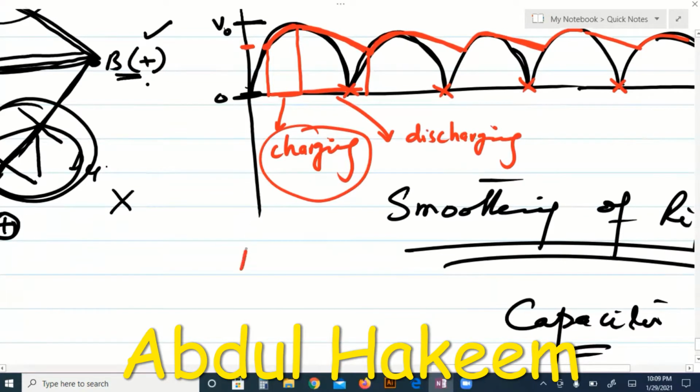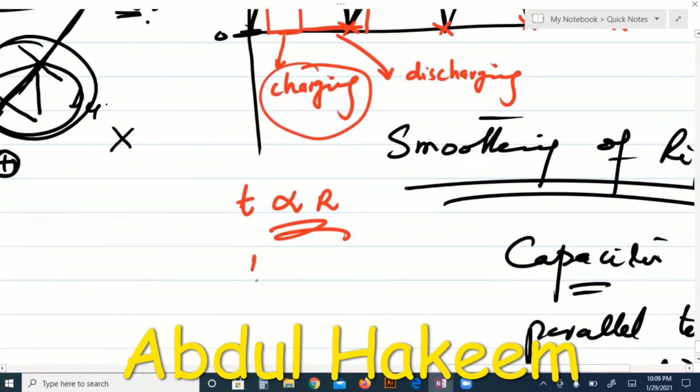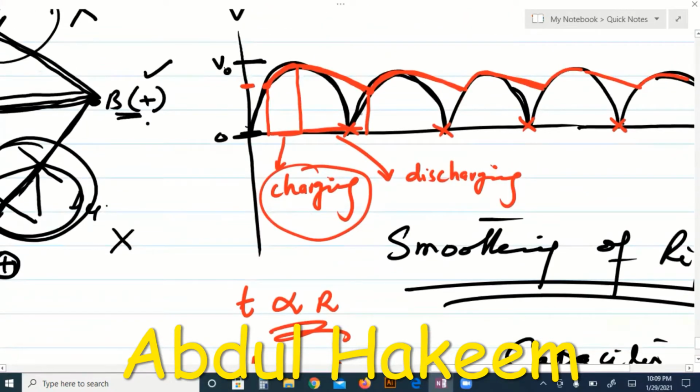And we have done that discharging time is directly proportional to the resistance when capacitance is constant. So due to resistance, charge flows through it slowly. So the capacitor takes longer to discharge than to charge, because there's less resistance between the supply and the capacitor. So it charges quickly due to the large current.